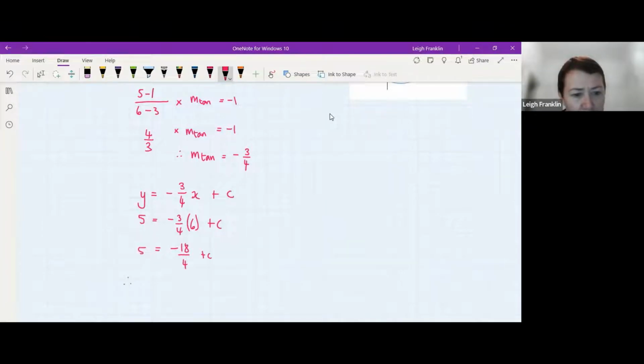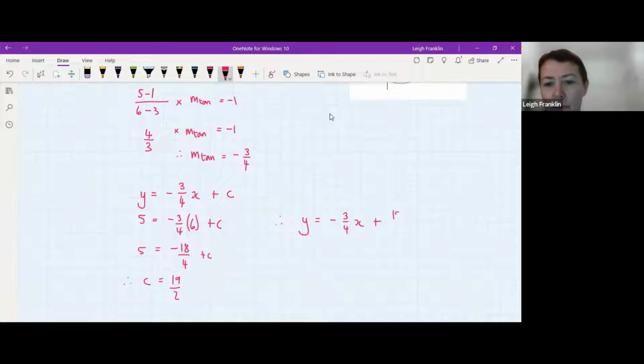So c would be equal to 5 plus 18/4, and that would be 19/2. There we go, that's better. So the equation of this tangent is the line y equals -3/4x plus 19/2. My apologies.